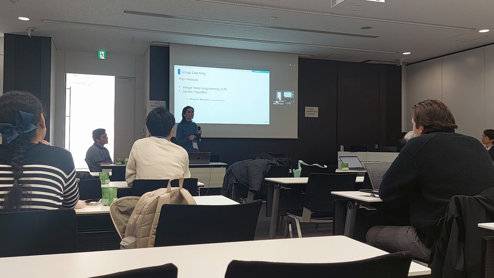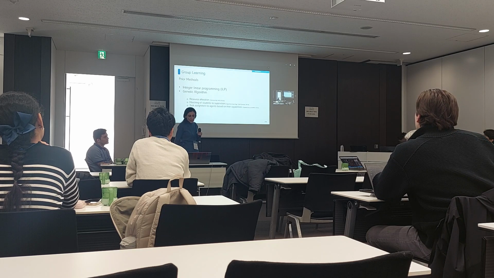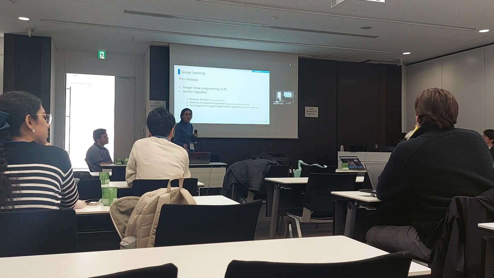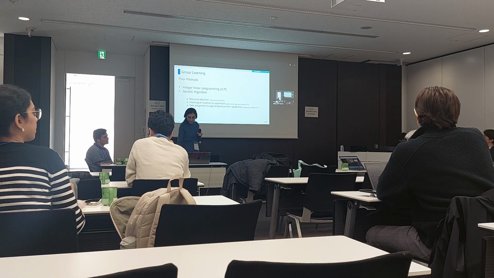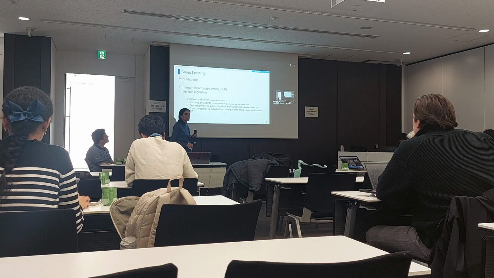The tasks that they usually focus on can be categorized as resource allocation or matching the students based on their skills, or task assignment based on the capability of the students, and also the project allocation.